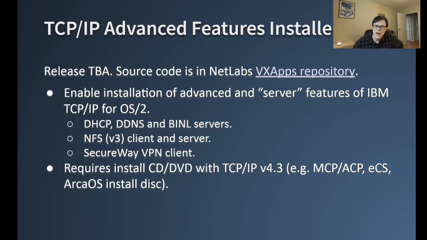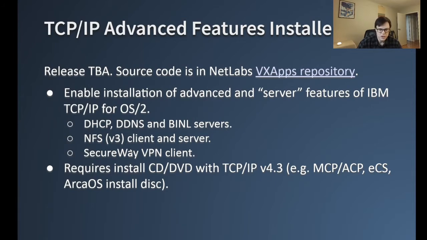But anyway, if you have my new TCP/IP Advanced Features installer, you have the opportunity now to install all of these three items. The DHCP server package, which includes DDNS and BinL servers, and if you don't know what those are, you probably don't need them, as well as the NFS server, which is compatible with NFS, that is Network File System version 3, and NFS client, and also something called the SecureWay VPN client, or the Secure Remote IP client, as it's called in the desktop icons.